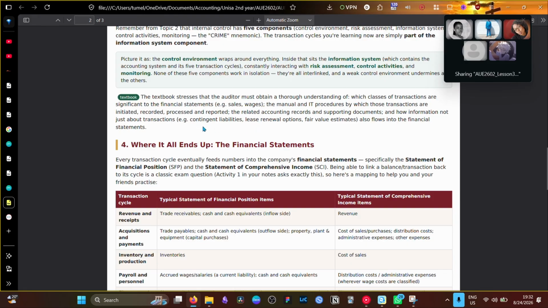Contingent liabilities, lease renewal options, and fair value estimates also flow into the financial statements.